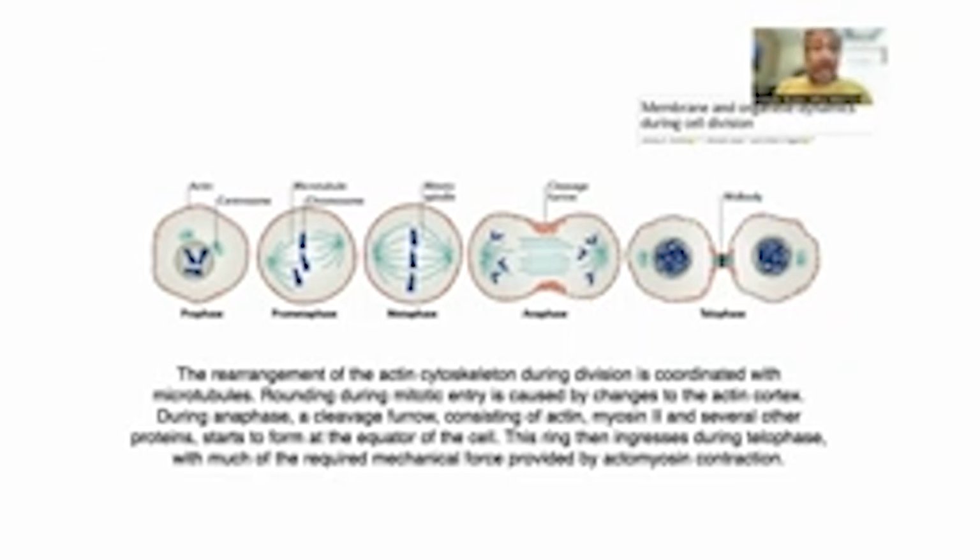During anaphase, a cleavage furrow consisting of actin, myosin, and several other proteins starts to form at the equator of the cell. This ring then increases, and along with the actomyosin, contractility provides much of the mechanical force that is required for pinching the two cells apart effectively, right?